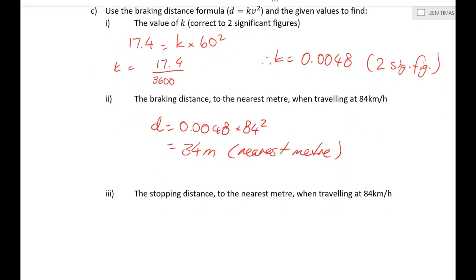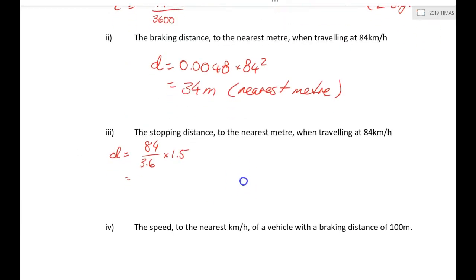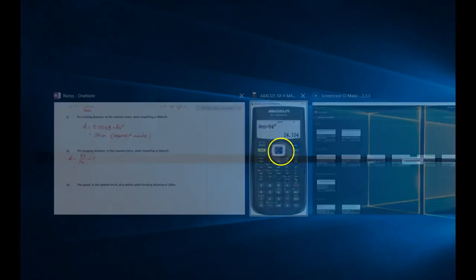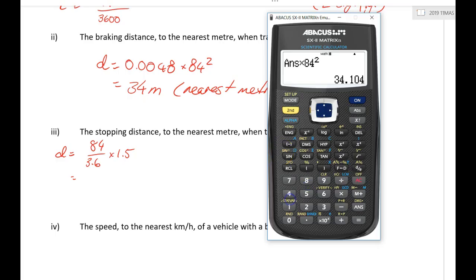My reaction distance, speed times time, is 84 over 3.6 times 1.5. 84 divided by 3.6 is my speed in meters per second.